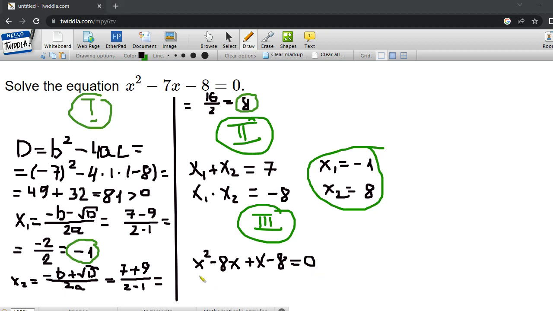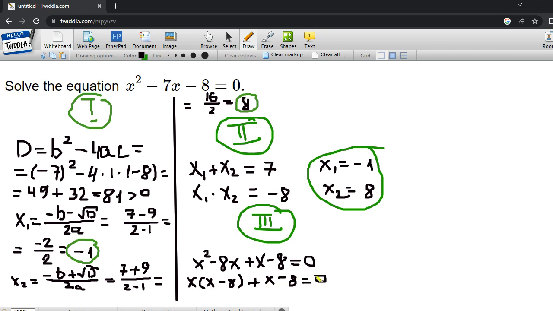Now let's take x out of the parentheses from the first and the second terms. That's why we have the following: x times (x minus 8) plus (x minus 8) equals 0.